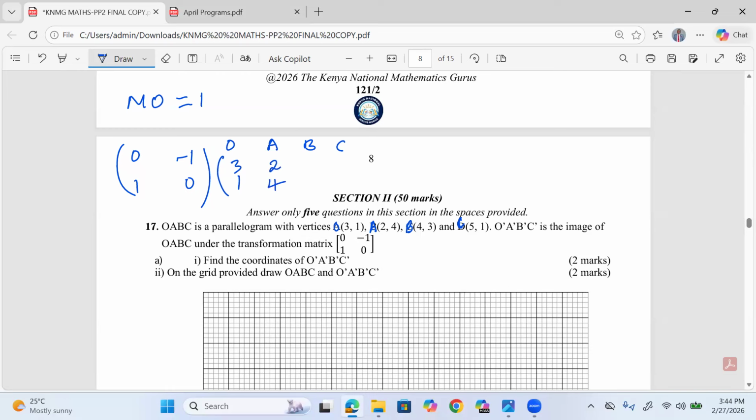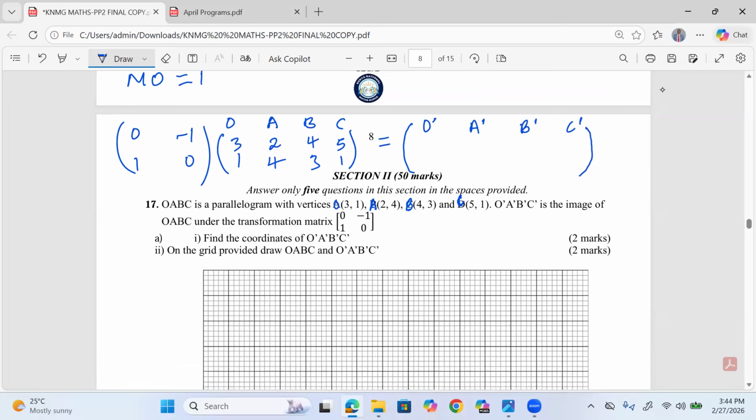If it is B, 4, 3. If it is C, 5, 1. So when we multiply these two matrices, we shall get the coordinates of the image. So O prime shall be there, A prime, B prime, and C prime.